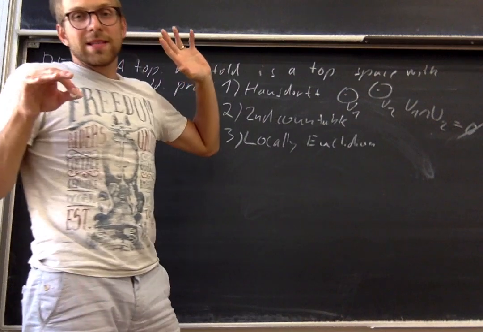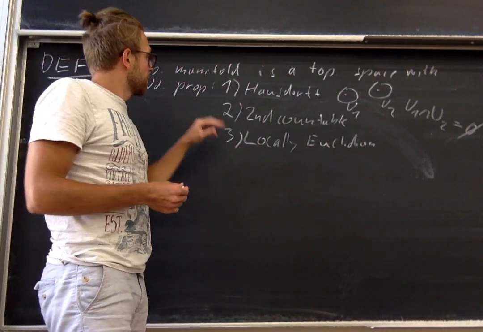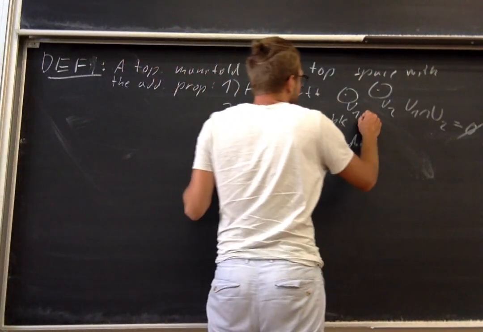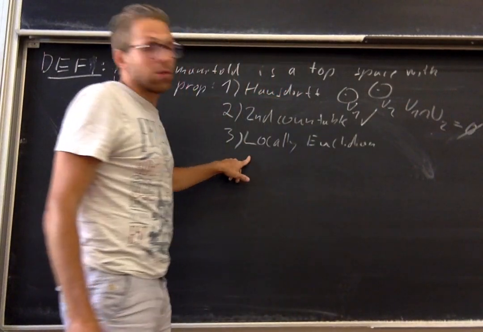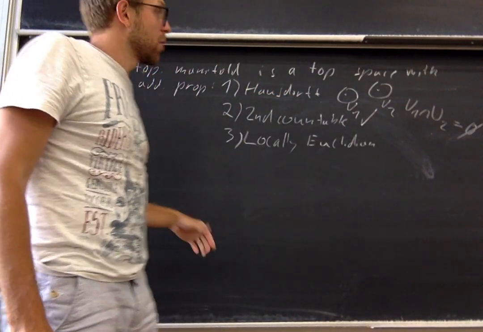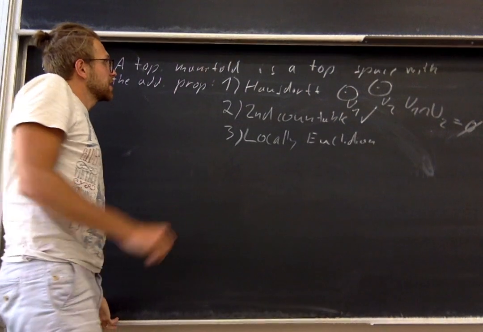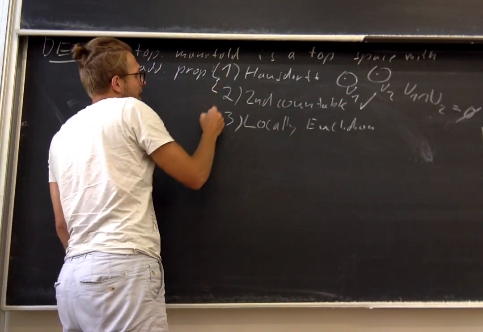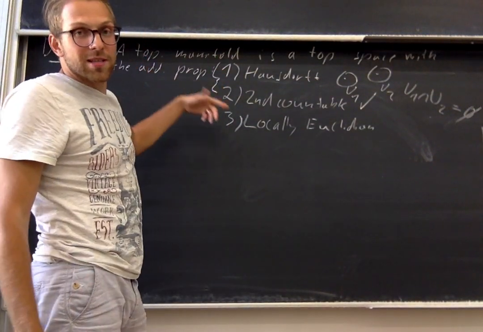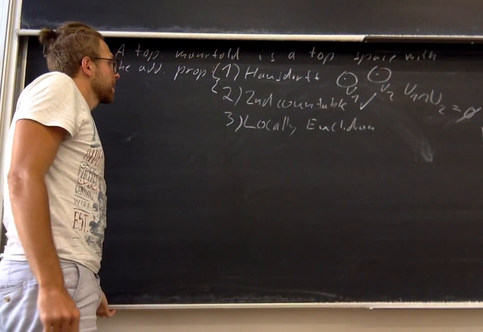What a topological basis is, you can find on the internet if you don't know, so we're not going to dive into that. So that one we've gone over. And now locally Euclidean, that's the most interesting one. These are more formal, and number 3 is more fundamental in a way.